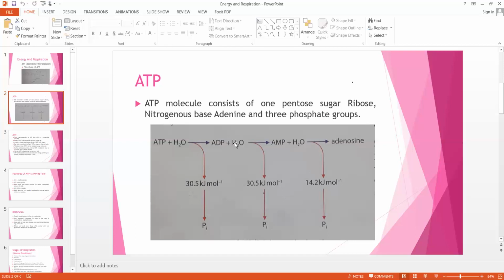So that's why ATP gets hydrolyzed into ADP. It does not go further beyond as far as hydrolysis is concerned. So whenever energy is released as a result of respiration, and if ADP and inorganic phosphates are already available in the cell, they quickly combine together, and that leads to the formation of ATP.